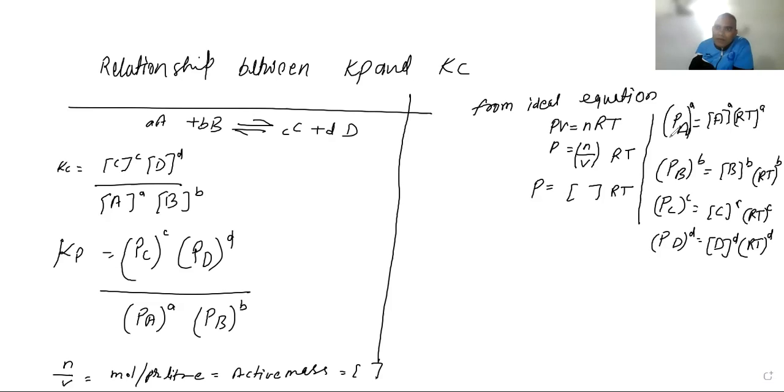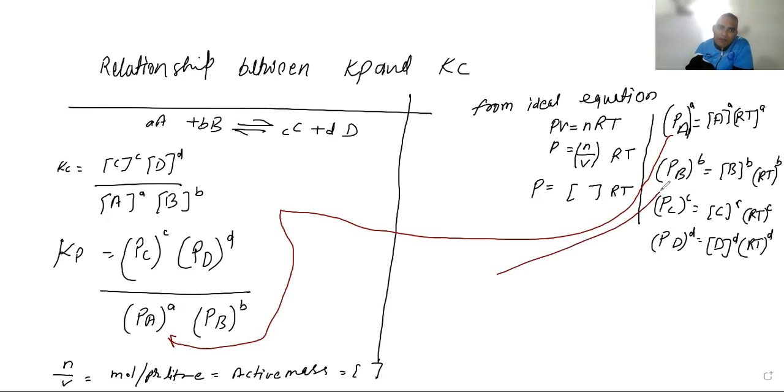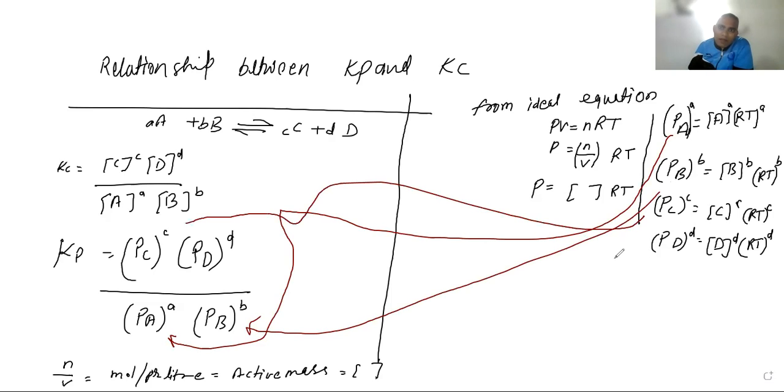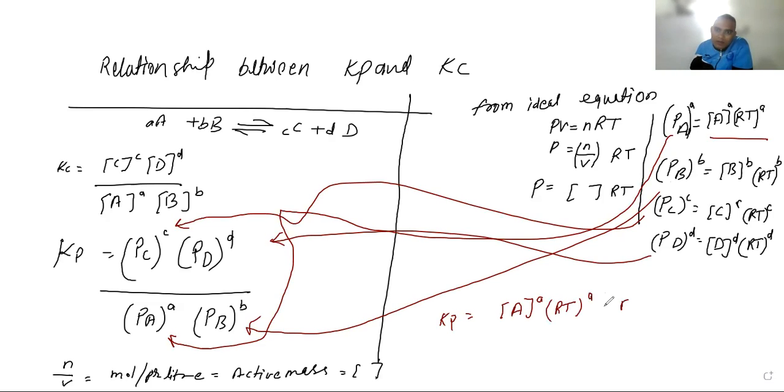These values, whatever we are getting, where can we place them? At the place of PA in this equation, we can place PA to the power a, then PB to the power b, then the C value here, and the PD to the power d value here. So what will come? Kp is equal to what can we write?